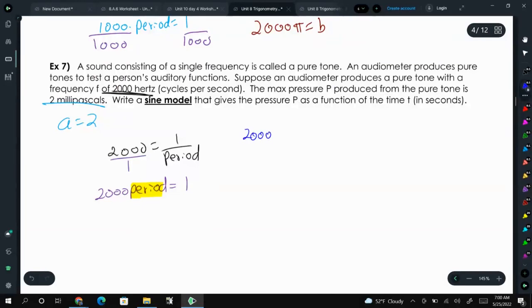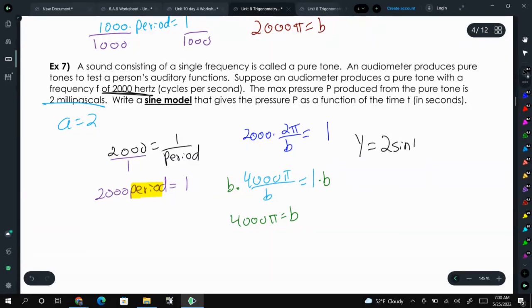So 2,000 times 2 pi over b equals 1. Well, it's going to be 4,000 pi over b equals 1. Multiply both sides by b, and we get 4,000 pi equals b. So now our equation is going to be y equals 2 sine of 4,000 pi times t, because they're telling us to use t.